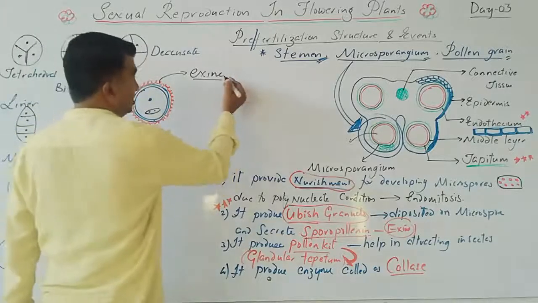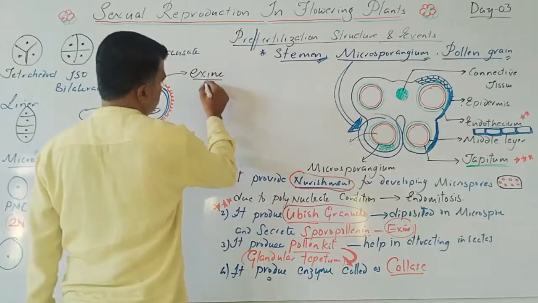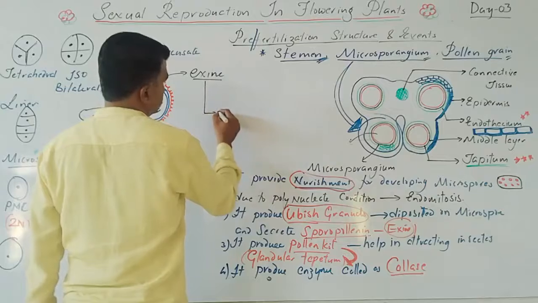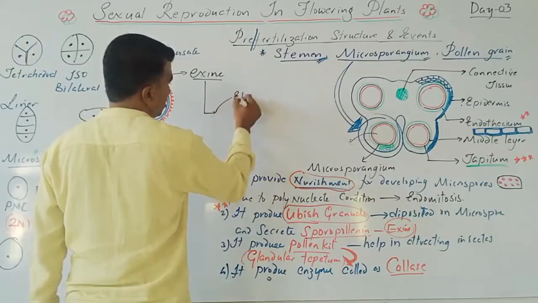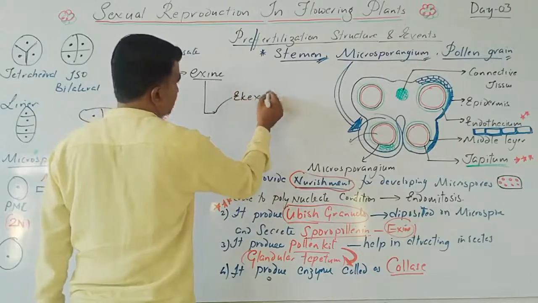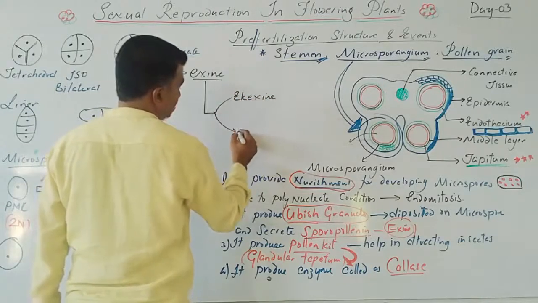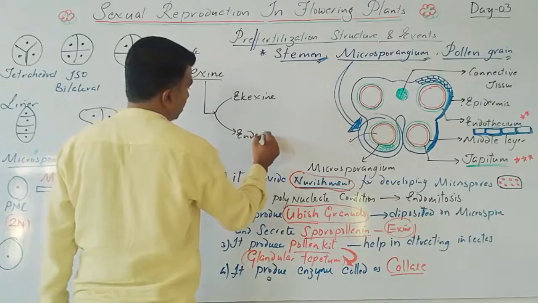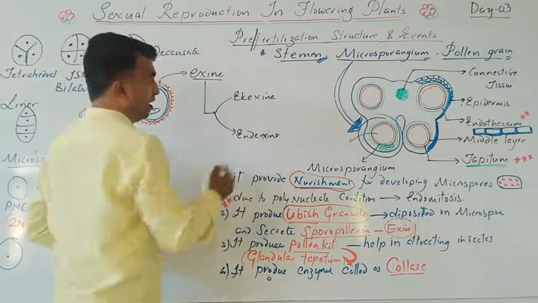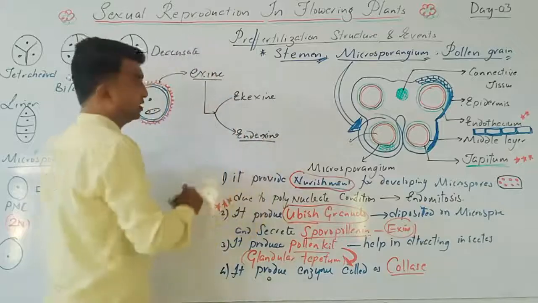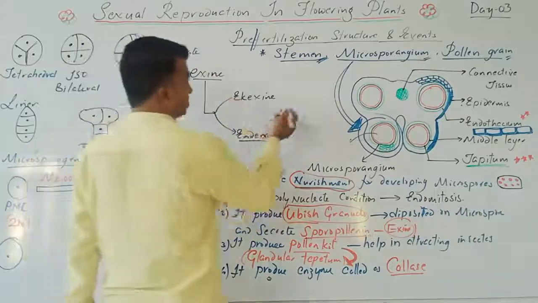The exine is again divided into two layers. The outer is ectexine, the inner is endexine. Endexine means inner exine, ectexine means outer exine.